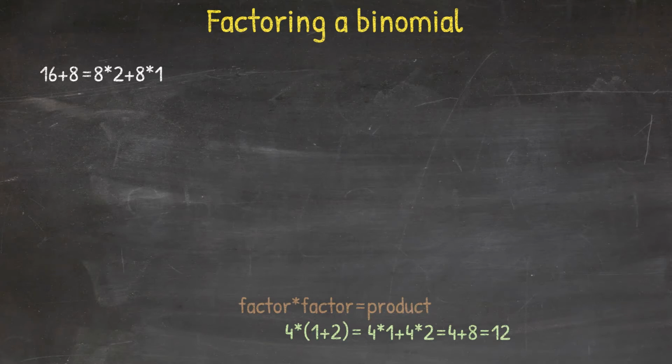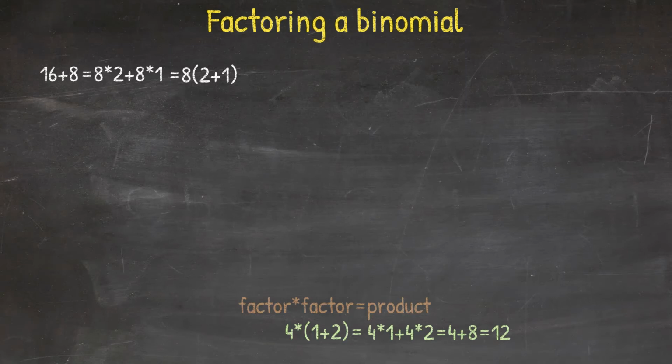And what we get now are two terms that have been factored, and they have a common factor 8. If we were to pull this common factor outside of the brackets, what we would get as a result would be 2 plus 1. And to understand why that is, just try to reverse this operation. And what you get is 8 times 2 plus 8 times 1. And this is exactly the preceding step.